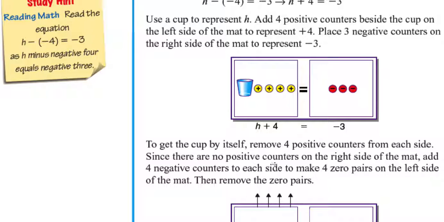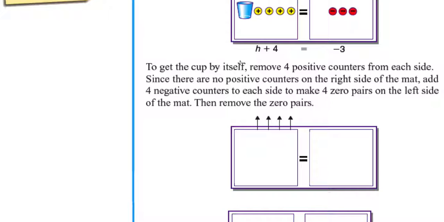Since there are no positive counters on the right side of the mat, we need to add 4 negative counters to each side to make 4 zero pairs on the left side of the mat. So for us to get rid of the 4 positive counters, we add 4 negative counters to each side so that we can isolate that cup.